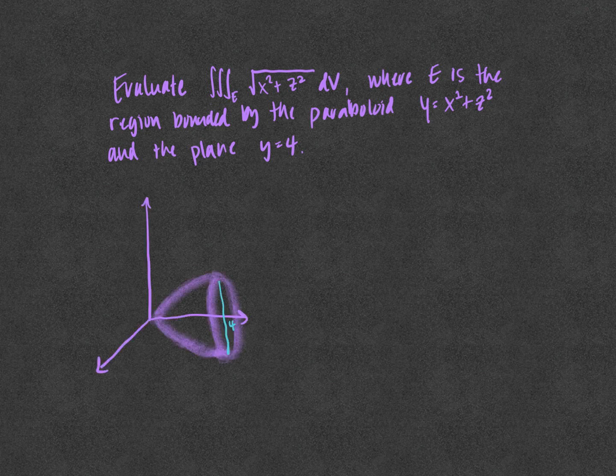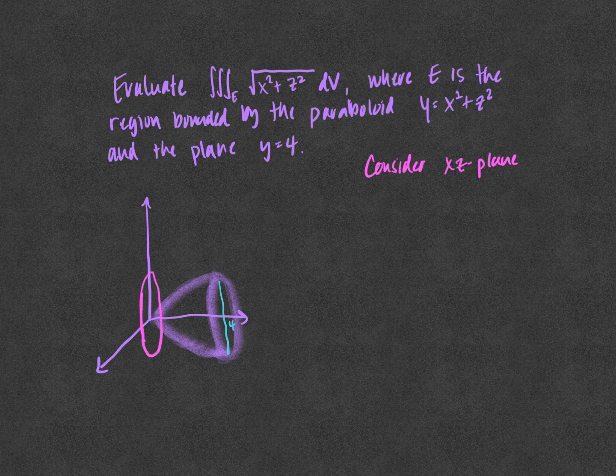So if we sketch out our paraboloid, it goes over the x-axis, so we have a paraboloid of x squared plus z squared, and then we have the plane y equals 4. Now, since this is in terms of y, we need to consider the xz plane. So that means it draws out over to here.